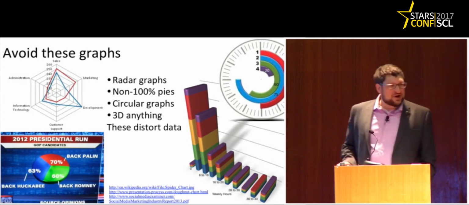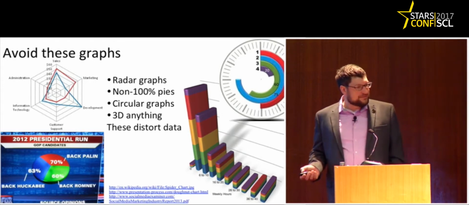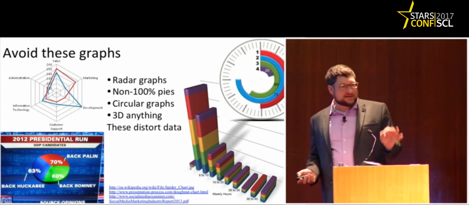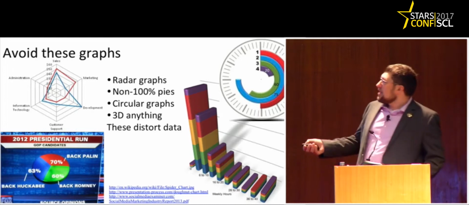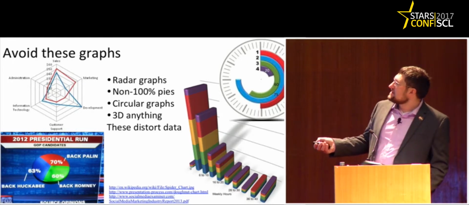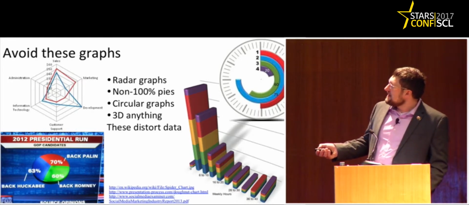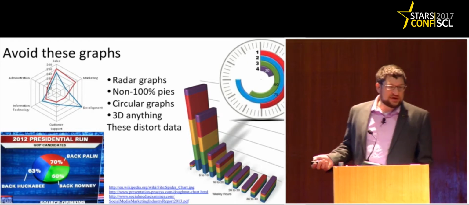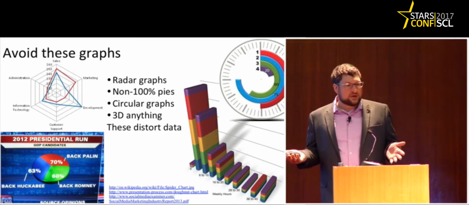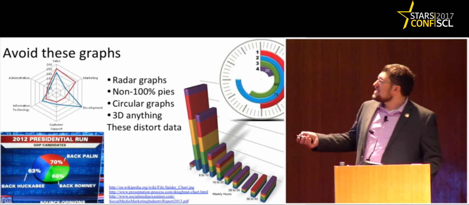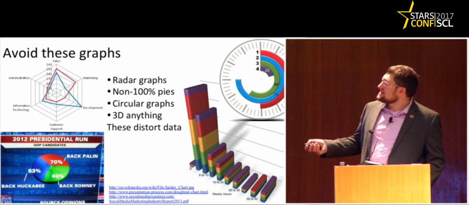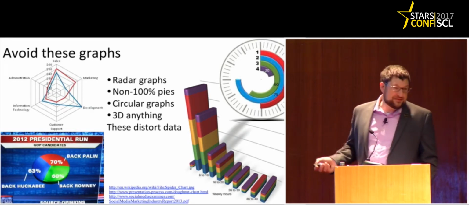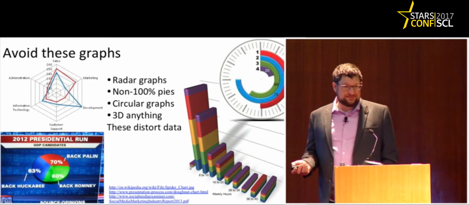This is called a radar graph or a spiderweb graph. It's okay sometimes. The problem with this one is these axes, marketing, development, customer support, I could arrange them in any order. And if I change how I arrange these axes, it's going to change the shape that the data draws.